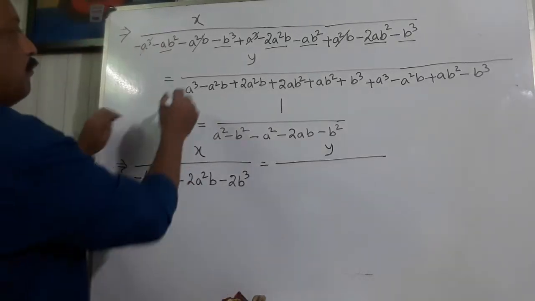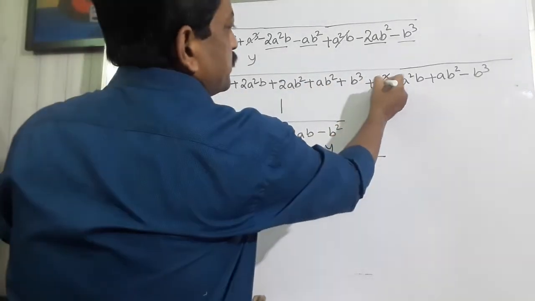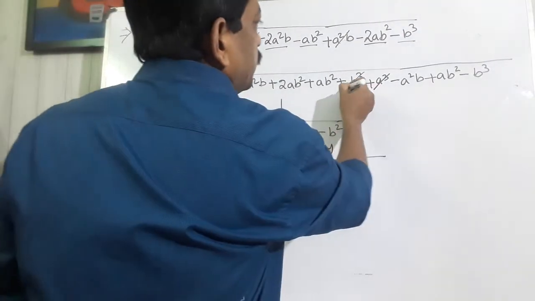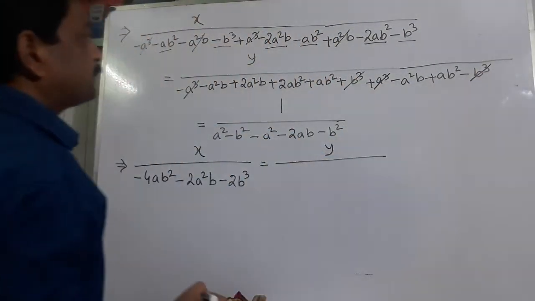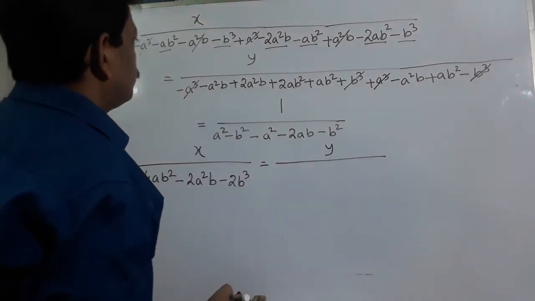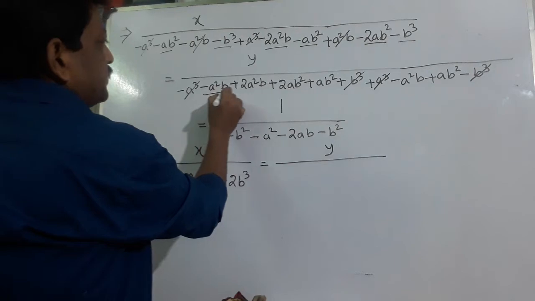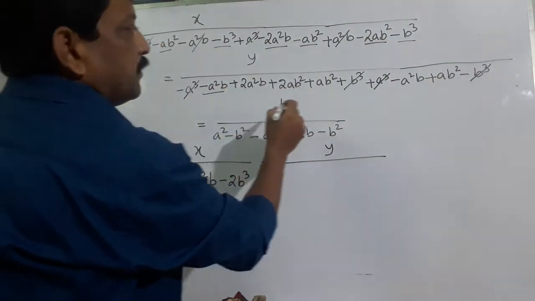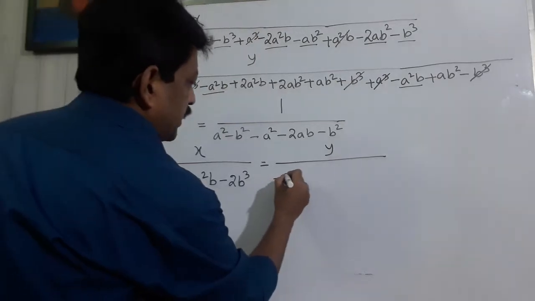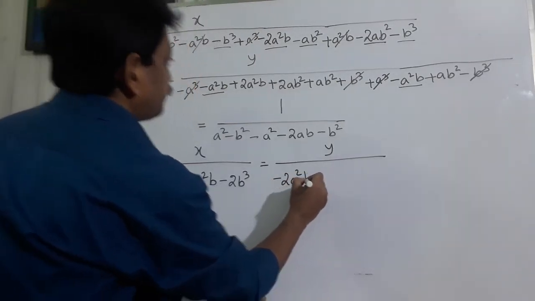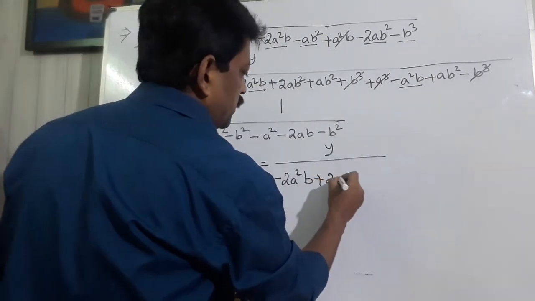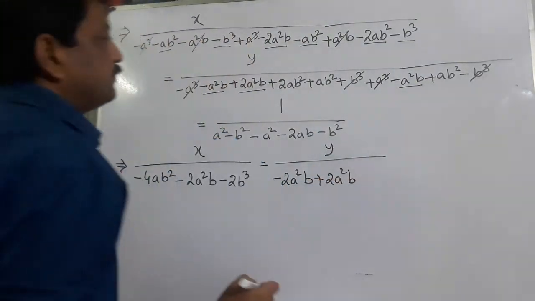Here also minus a cube and plus a cube cancelled, plus b cube minus b cube cancelled. Okay, so minus a square b minus a square b, that makes minus 2a square b, and here it is plus 2a square b, so note it down, plus 2a square b.